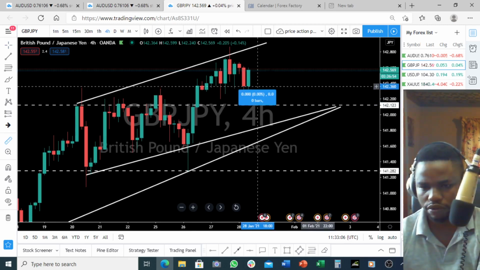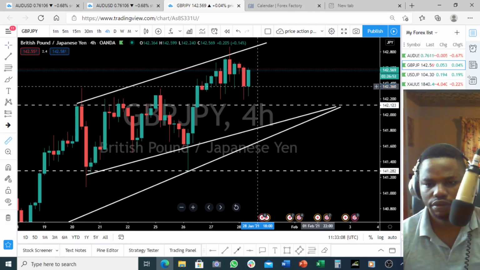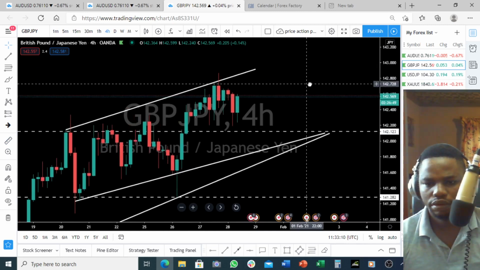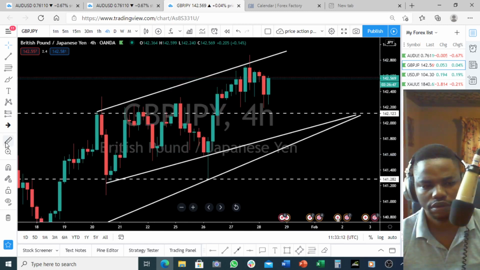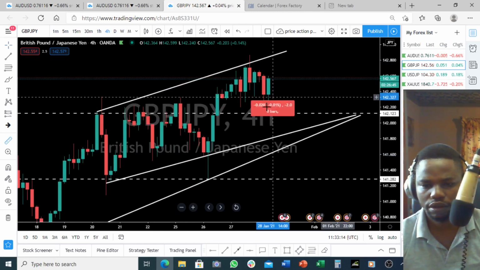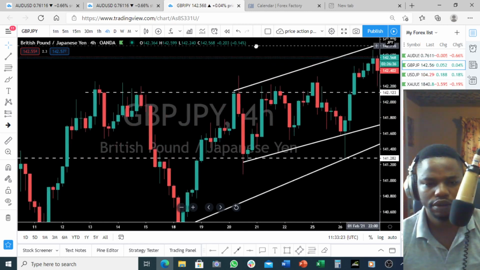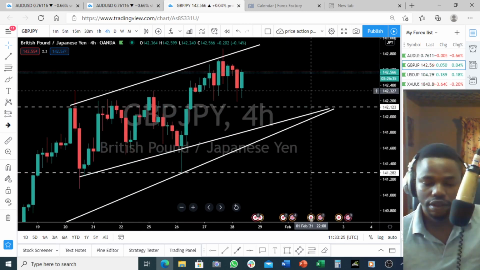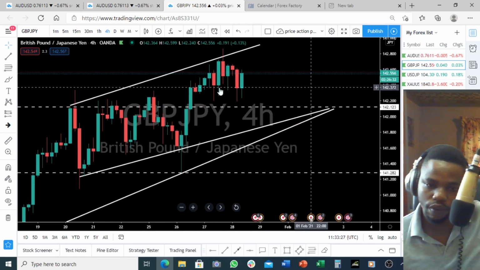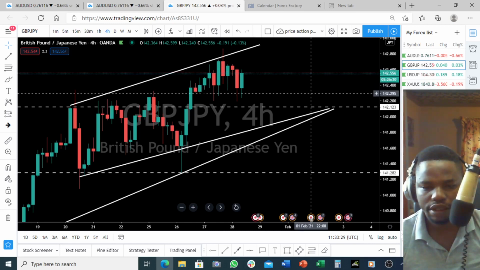Okay, let me switch this one off. I don't understand. About 40 pips to something like that, yeah. I don't understand what's going on. Okay, I might wait for this to break this area here.